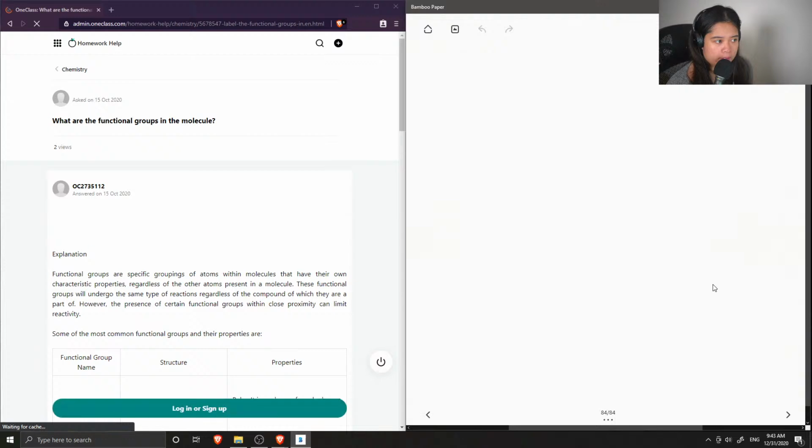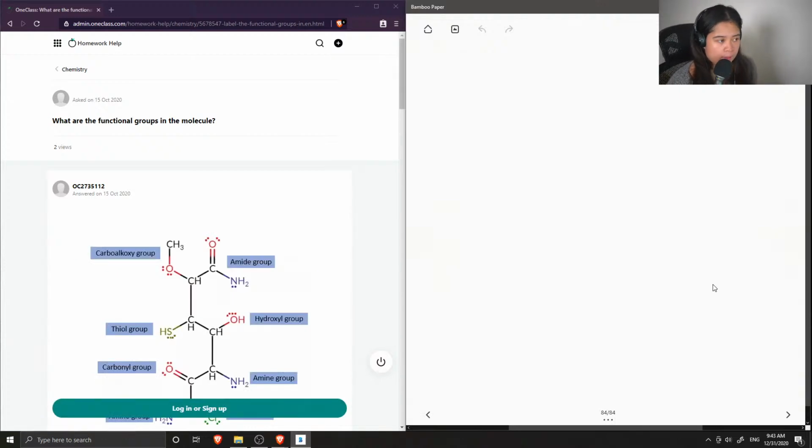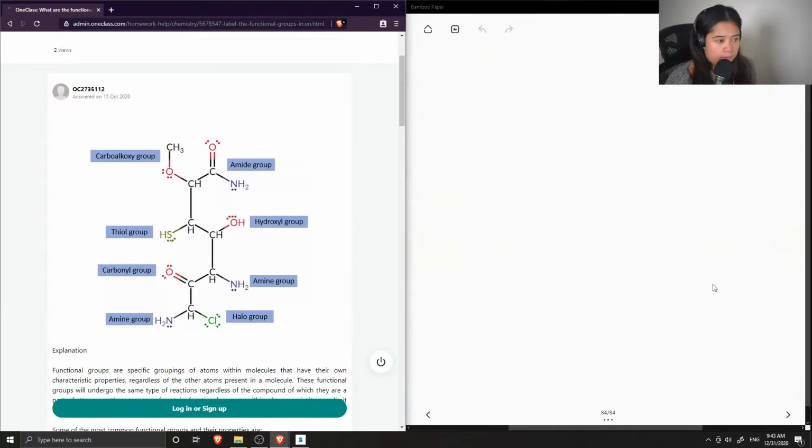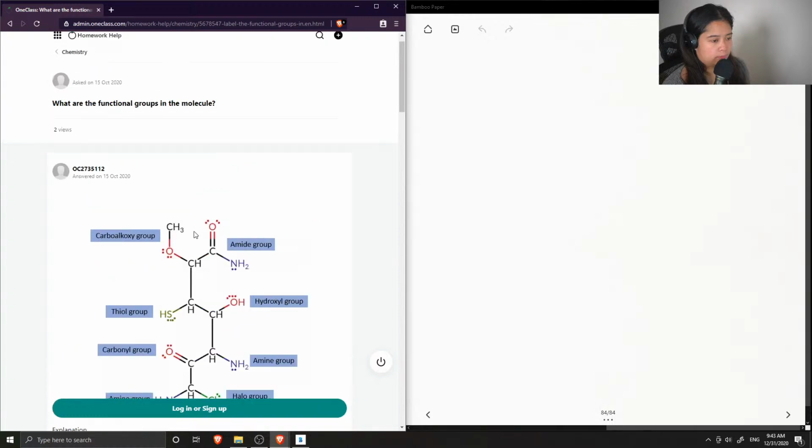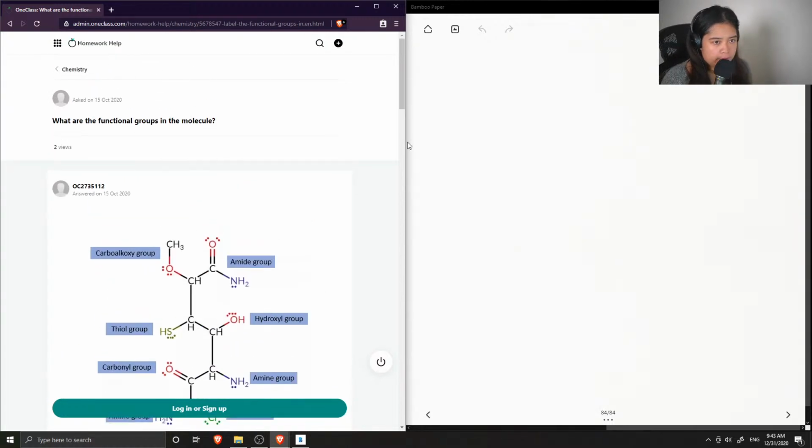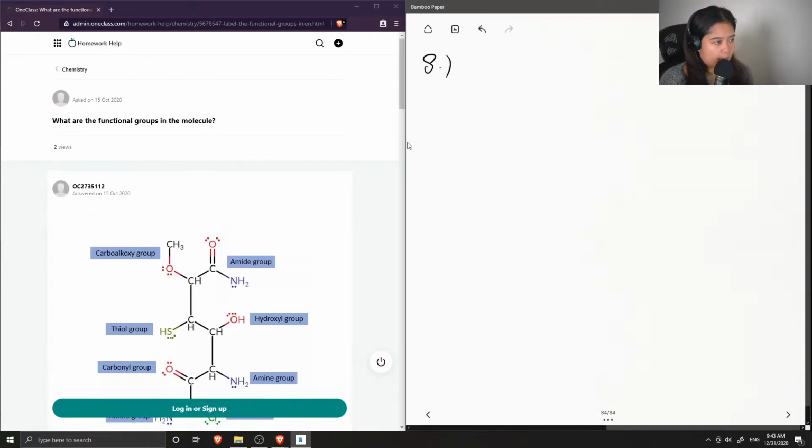Okay, so on to question 8. Question 8 just asks, what are the different functional groups in the molecule?